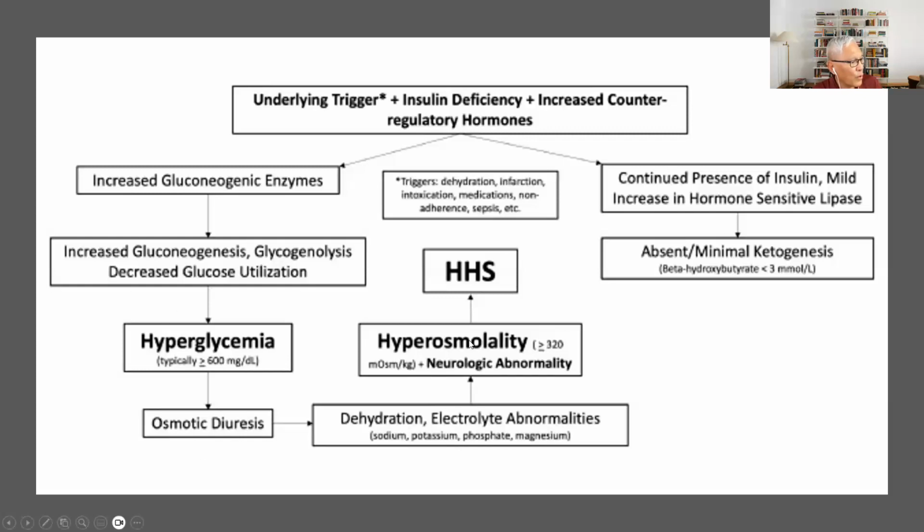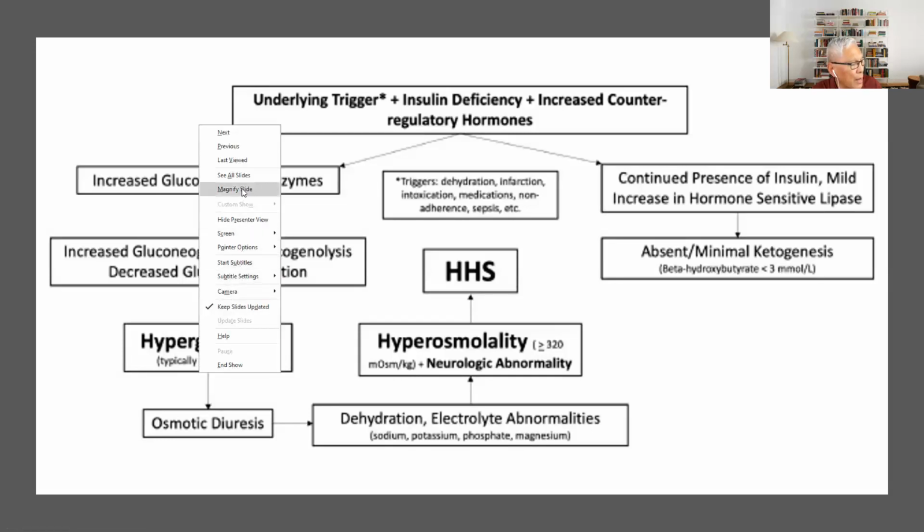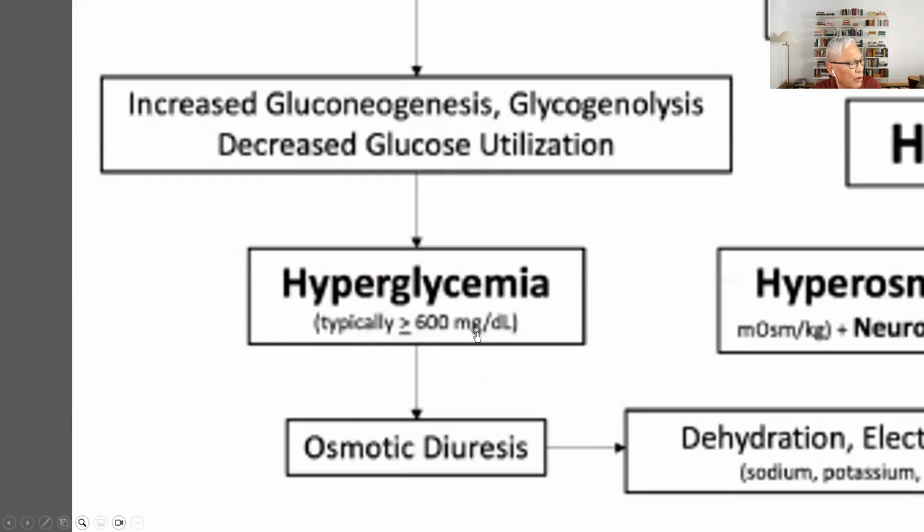All right. So when you have HHS, you will have hyperglycemia, and typically the blood glucose levels of patients with HHS are going to be higher, usually around 600 milligrams per deciliter or higher.